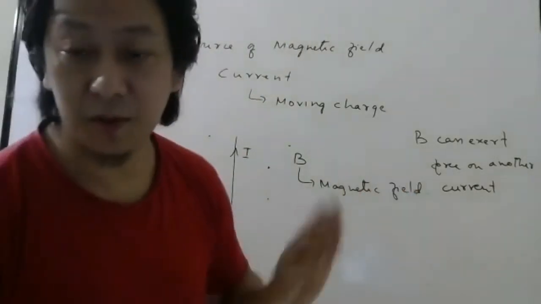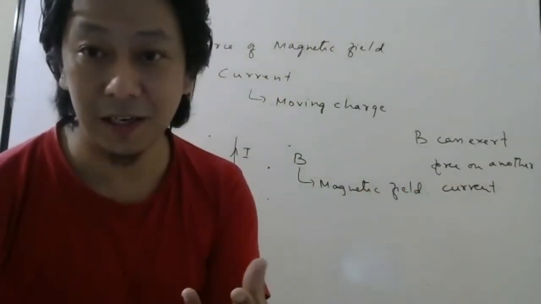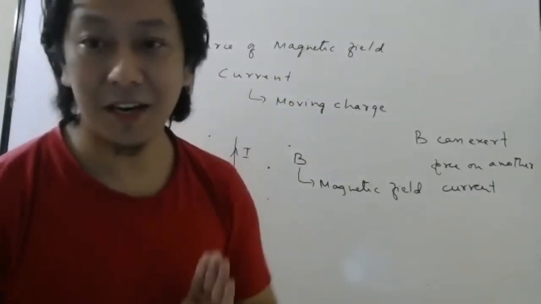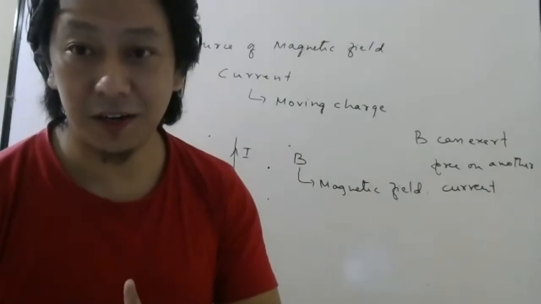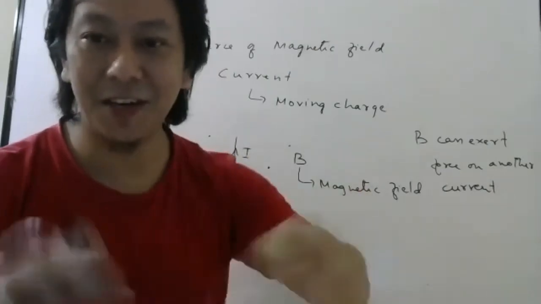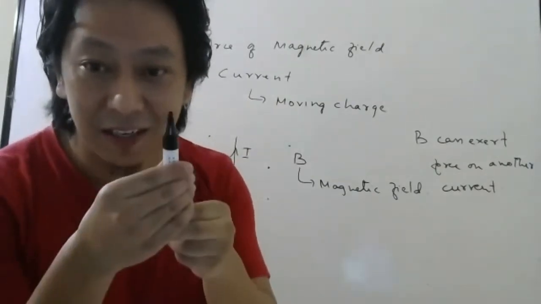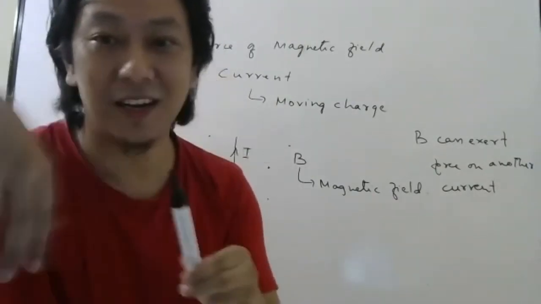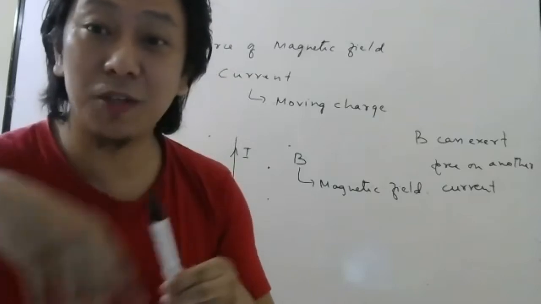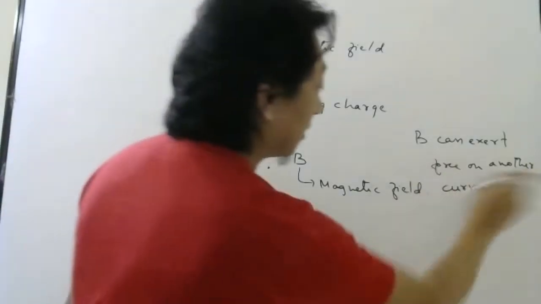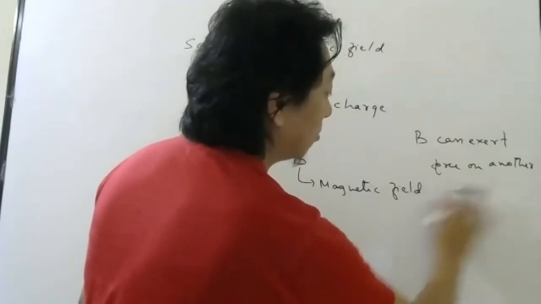We must say this because charge produces electric field that can exert force on another charge. Now Oersted has discovered, I am telling the story, that current in a wire produces magnetic field. So magnetic field should exert force on another current. That means another moving charge.